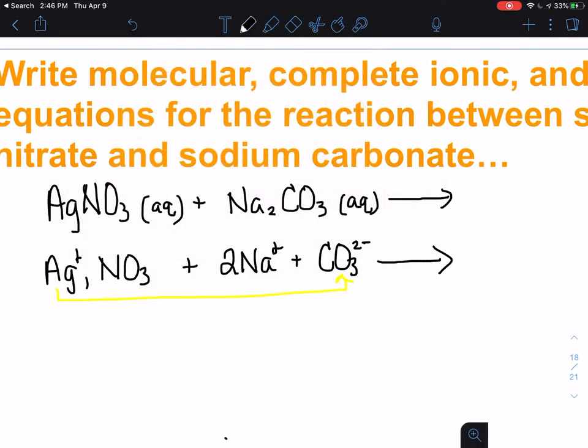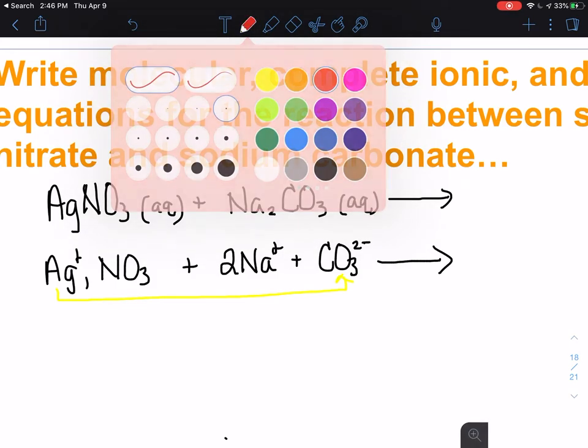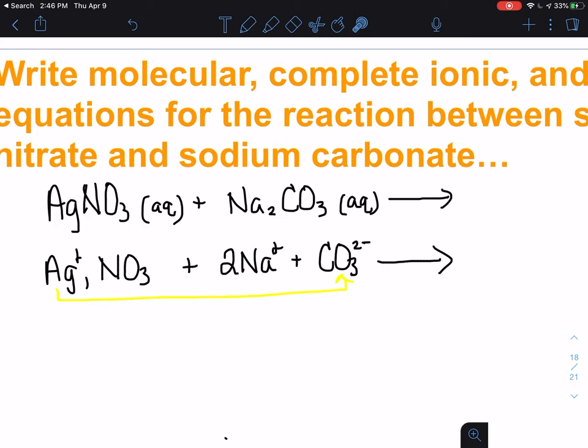Now here's the deal. This is actually really important. You'll notice that silver is a +1 and carbonate is a -2. I can't put these together just like this because the charges don't cancel. So I'm going to need 2 silvers for every 1 carbonate, so I'm going to put a 2 right here. Since I put a 2 here, I have to go back up and put a 2 up here.